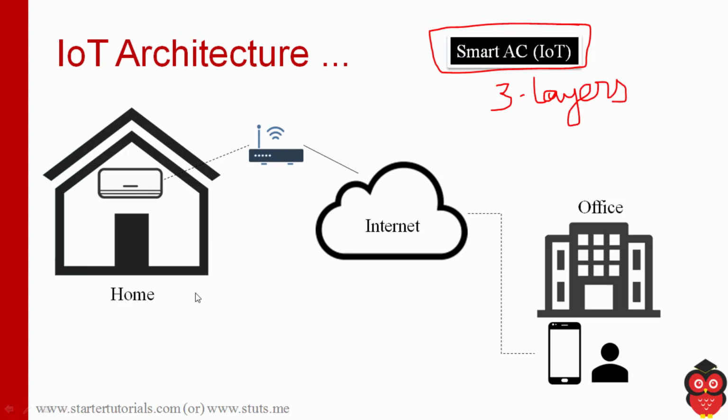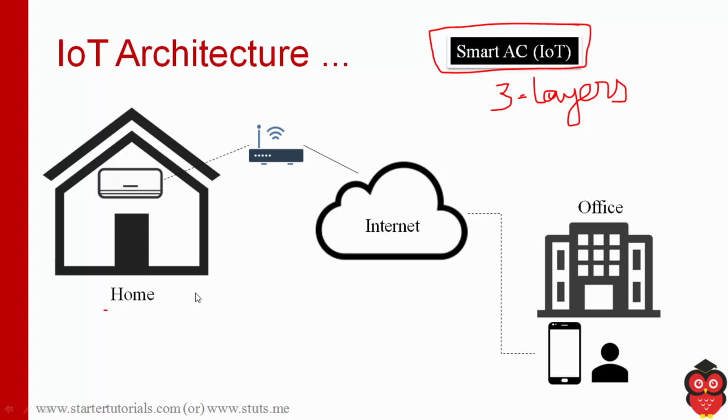So at the starting of the session, we discussed the three-layer architecture, which contains the perception layer, network layer, and application layer. Right? Okay. So let's look at this architecture, the architecture of the smart AC application.